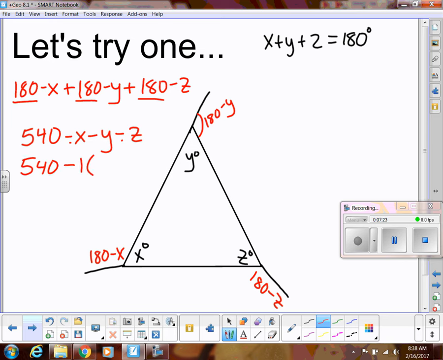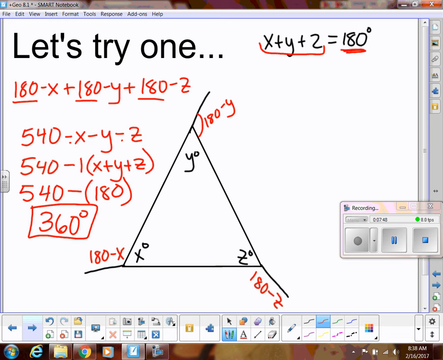And then that would turn the X to a positive X, and then a positive Y, and a positive Z. Now, why would I want to do that? Well, because I know that X plus Y plus Z is equal to 180. So I can substitute that in. So I'm basically doing 540 minus my 180. Okay, so 540 minus 180 gives me 360.